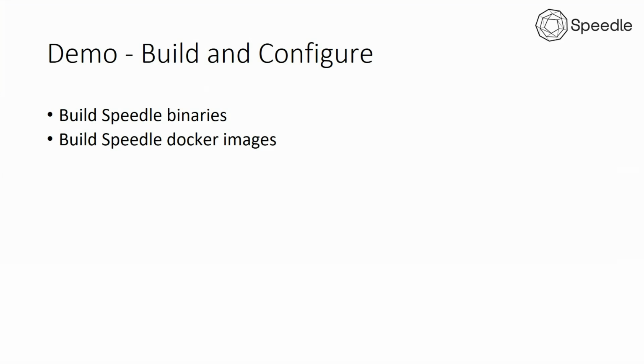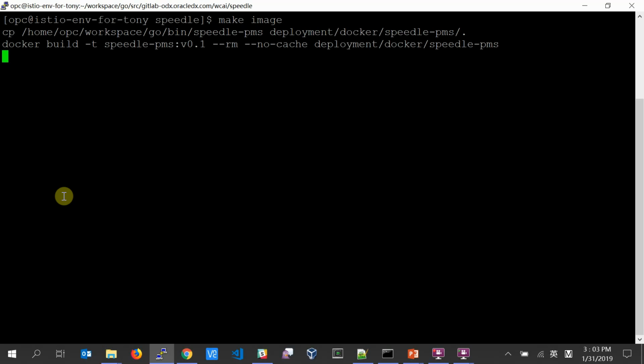The second step is to build Speedle Docker images, because in this workshop, Speedle runs as a deployment in the Kubernetes cluster. To build Speedle Docker images, we can simply execute make image.